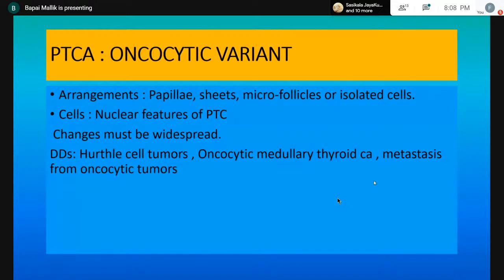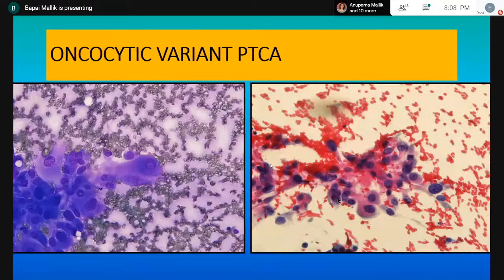But they show a wide range of morphological variations, and so the differential diagnoses would include a Hürthle cell tumor. It could be an oncocytic medullary thyroid carcinoma, very difficult, because oncocytic medullary thyroid carcinomas can show very clear-cut intranuclear cytoplasmic inclusions, or it could even be metastasis from some other oncocytic tumors. So this is an oncocytic variant of papillary thyroid carcinoma.